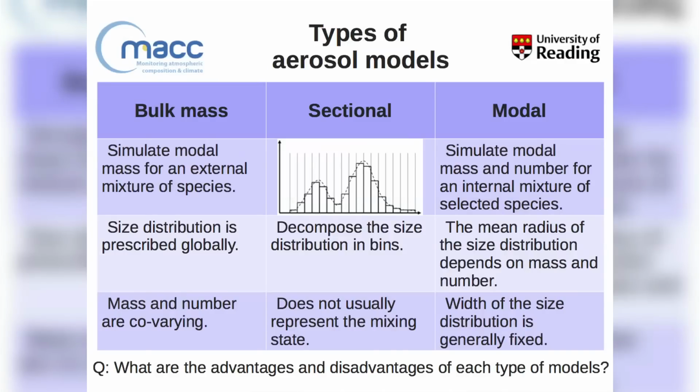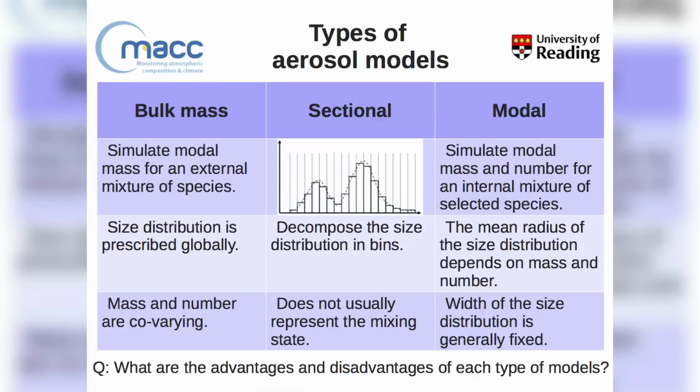Then, at the other end of the spectrum of complexity, you've got sectional models. And here, the size distribution of the particle, which is represented here, is decomposed into small size bins. The size of each bin depends, of course, on your computing resources and how long you've got to run your models.